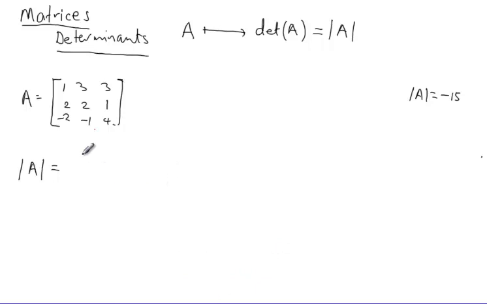Now, what am I going to do now? This is what I'm going to do. I'm going to write a bracket like that, and then write 1, 3, 3, then write 2, 2, 1, then write minus 2, minus 1, and 4. Then I write another bracket there.